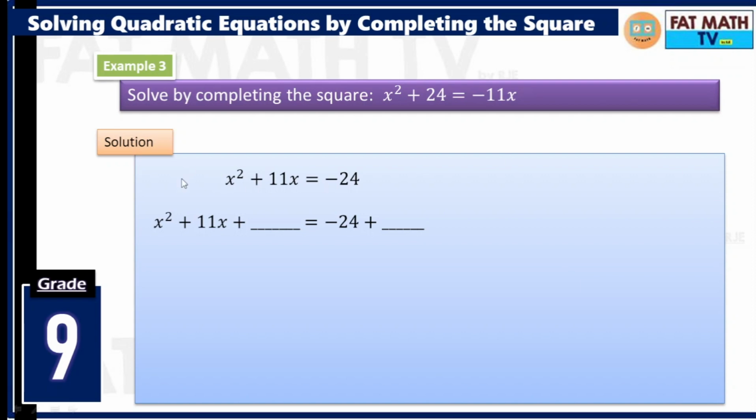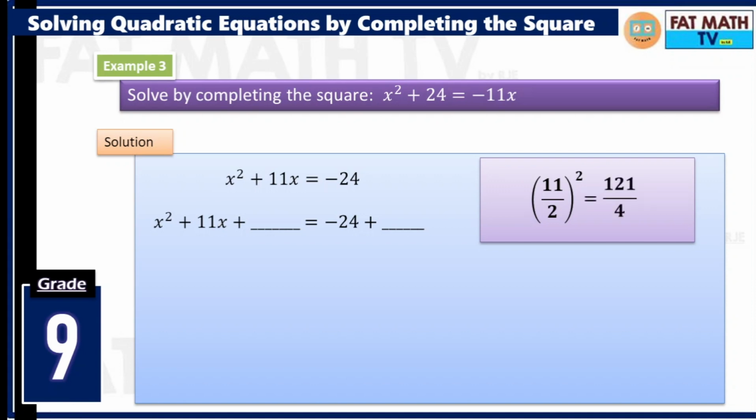So take half of 11, and then square it. So you can just have 121 over 4. That's the square of 11 halves. And then factor the left side. You will get x plus 11 halves squared. The square root of this is 11 halves.